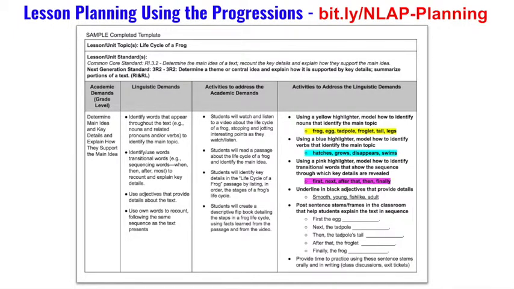This sample lesson and unit is about the life cycle of a frog. Under Lesson Unit Standards, we have included both the Common Core Standard, Reading for Information, Point 3.2, and the Next Generation ELA Standard, 3R2, that correlates to the Common Core Standard, RI2.